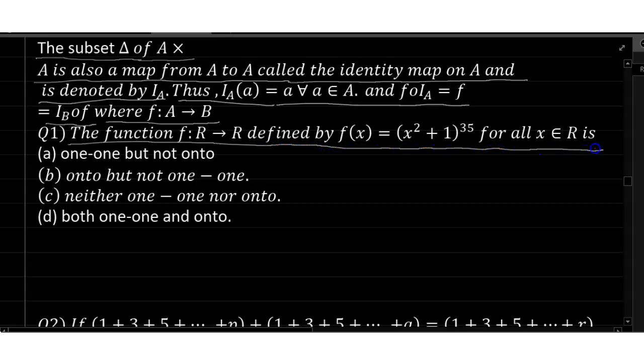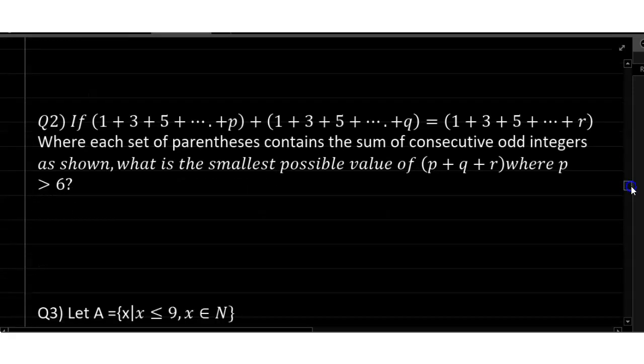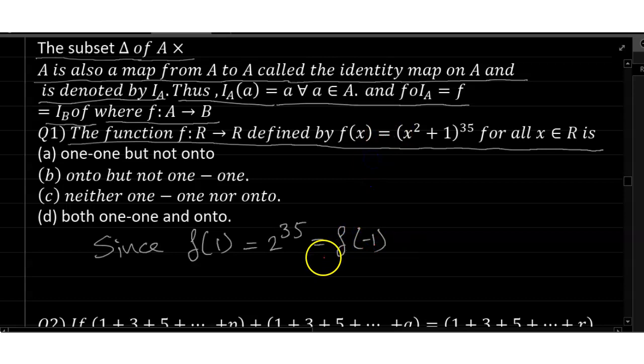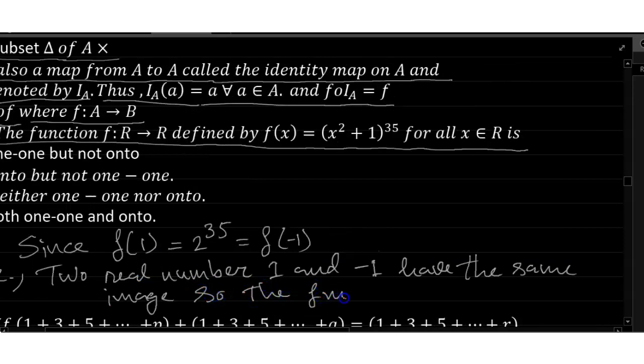Define F(x) equal to (x square plus 1) whole to the power 35 for all real x. Then F(1) equals F(minus 1) equals 2 to the power 35. That is, the function is not one-one.